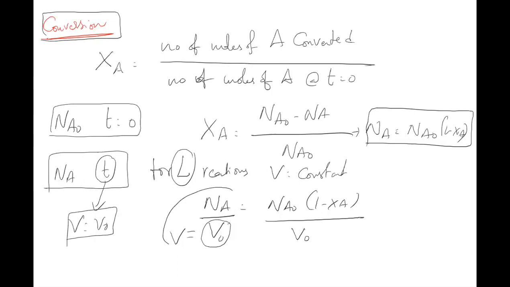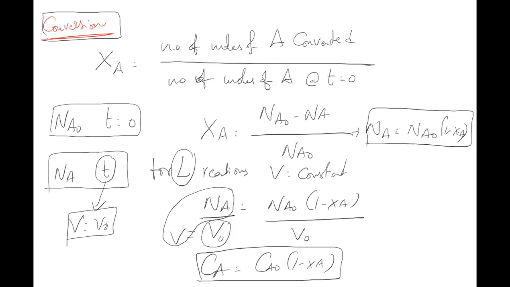Then Na naught by V becomes Ca, so Ca equal to Ca naught into (1 minus Xa). This is applicable only for liquid phase reactions. For gas phase reactions, this is not applicable because the volumes are not constant. So for liquid phase reactions, Ca equal to Ca naught into (1 minus Xa).